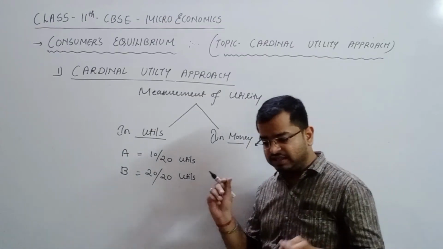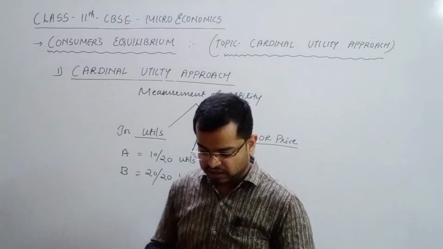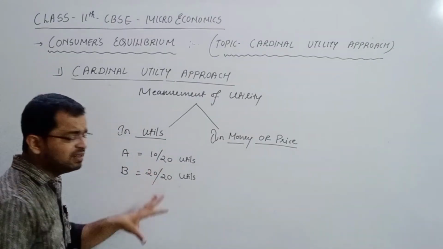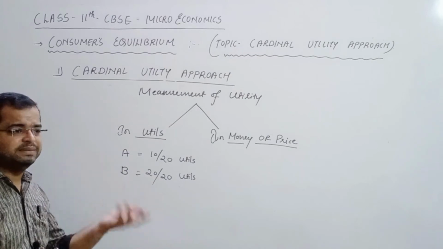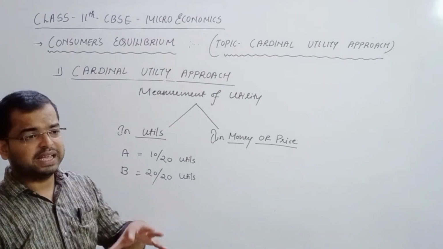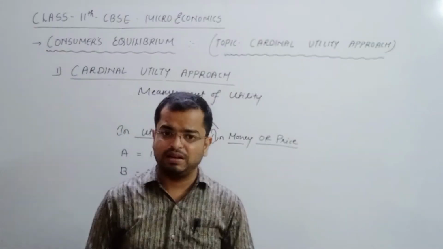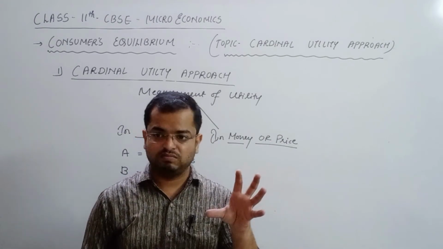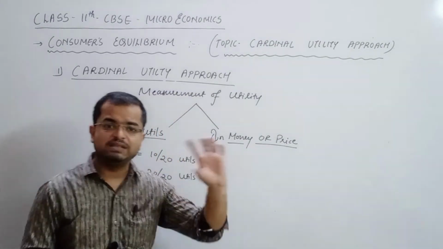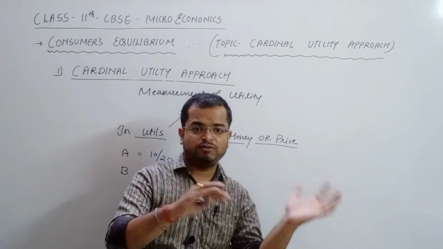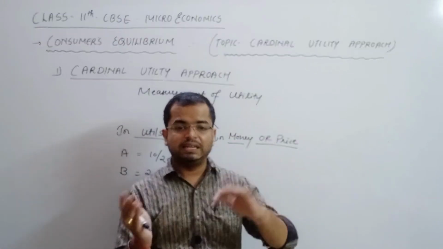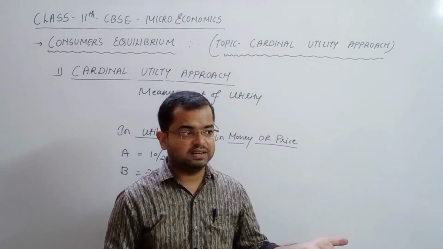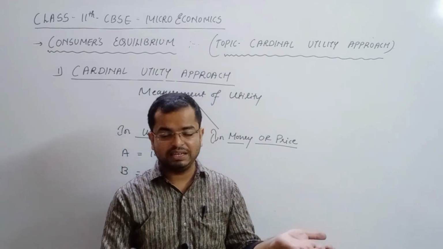Now friends, there is one limitation also, that utils vary from person to person, time to time, place to place. As I explained in an earlier example, with one scoop of ice cream in winter or summer, I had less utility in the winter season and more utility in the summer season.